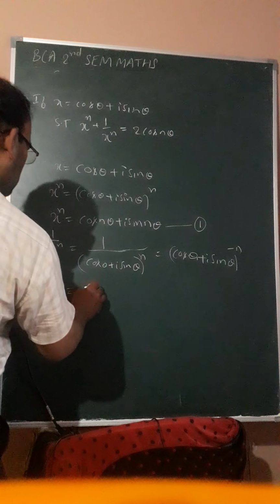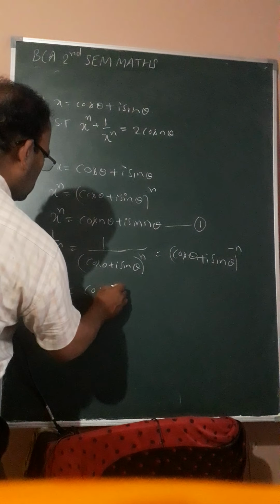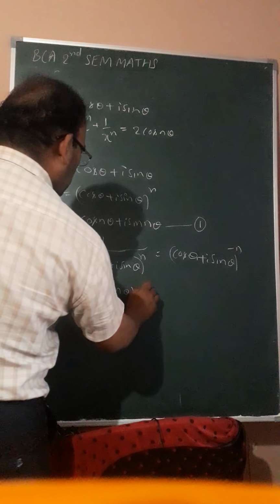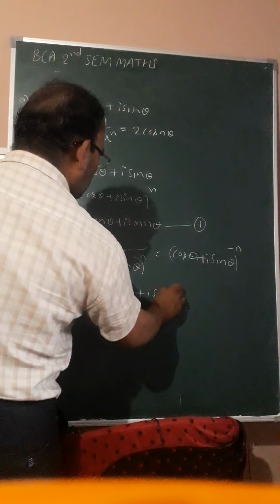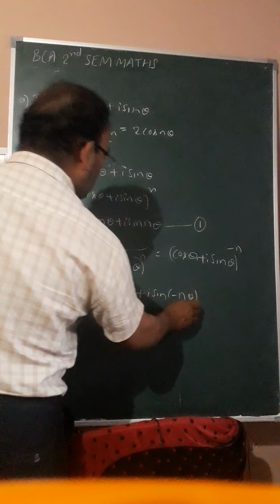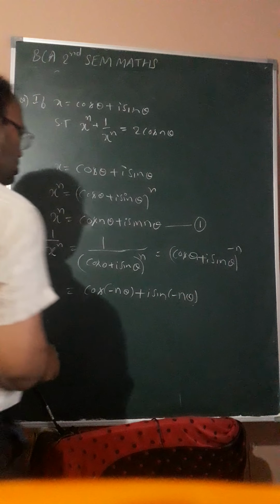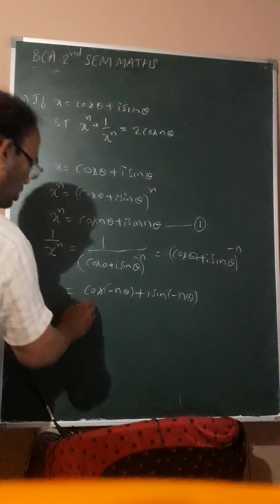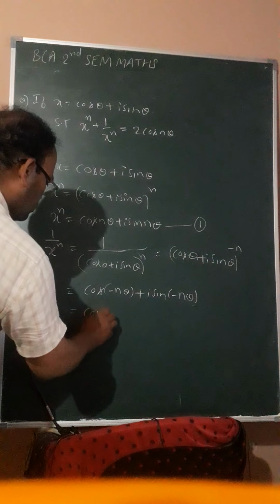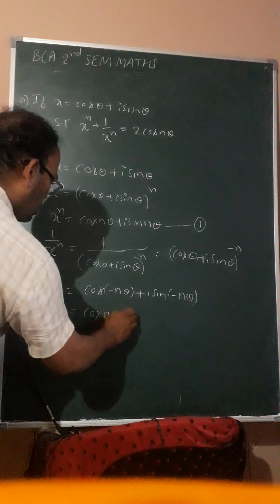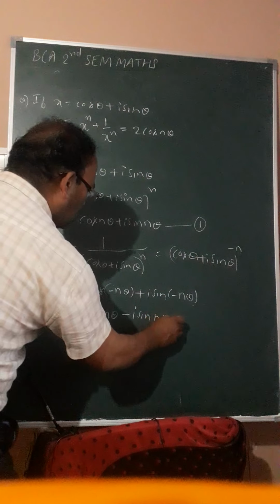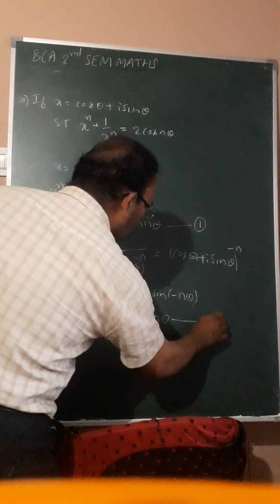This is cos of minus n theta plus i sin of minus n theta. We know cos of minus n theta is cos n theta, so this is cos n theta minus i sin n theta. Call this equation 2.